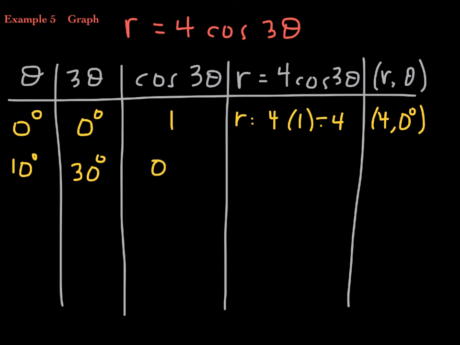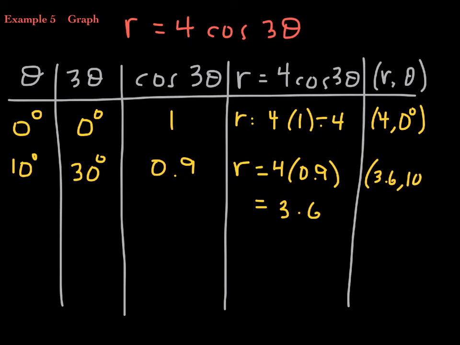I'll just put 0.9. So r would be equal to 4 times 0.9, which is about 3.6. So this is 3.6 comma 10 degrees.